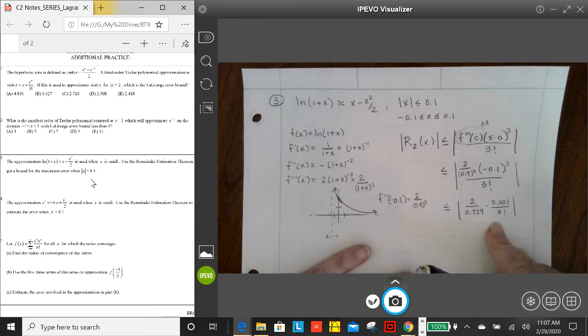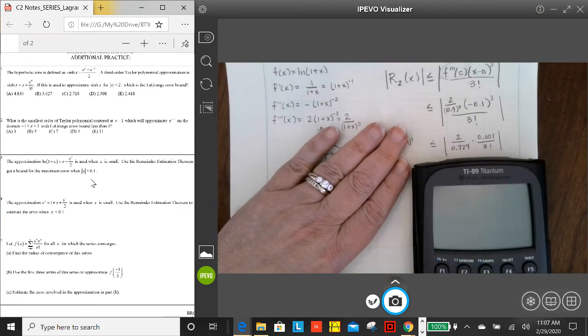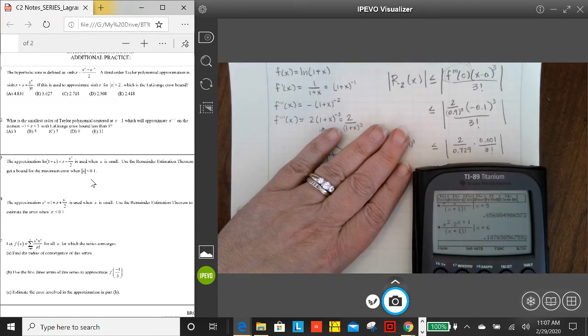And this would be good enough right here for a non-calculator section. And if we wanted to figure out what that number was, we would put that in the calculator. And let's clear out my home screen, F18.